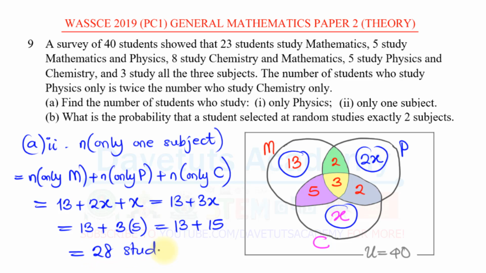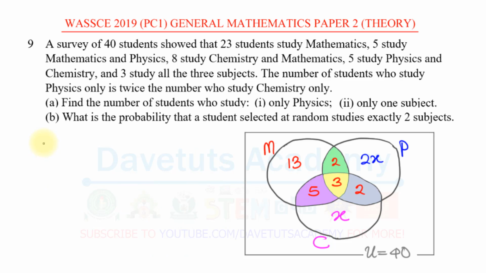Is this not interesting? I love this. I hope you are understanding and flowing with this the way I am doing it. All right, so let's now go ahead to look at the last question. So now in question number 9b, we are asking for the probability that a student selected at random studies exactly 2 subjects. So let me call it probability of exactly 2 subjects.